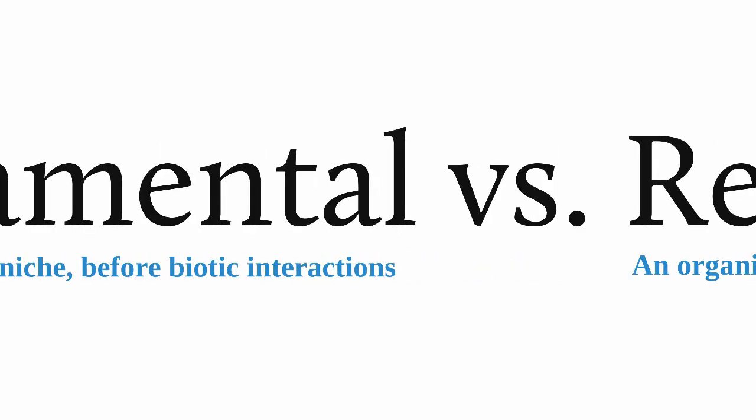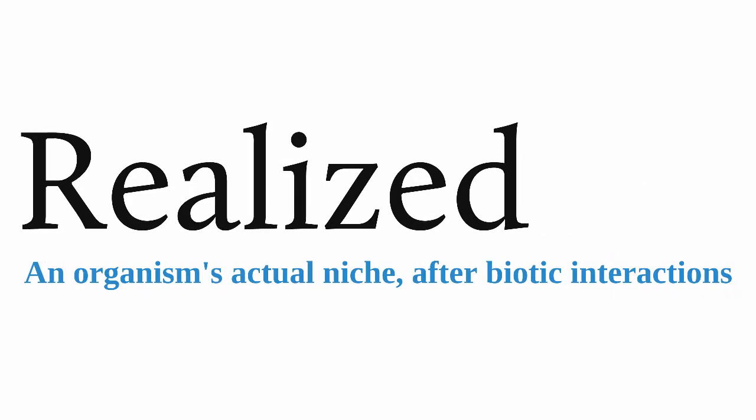Now it's important to realize that this is rarely the case. I can't think of any populations that live in isolation from others. And so most often, the niche that you see an organism occupying is its realized niche, which can be defined as its actual niche after biotic interactions.